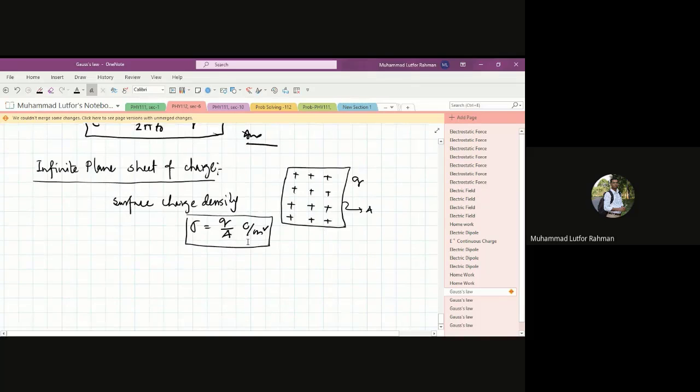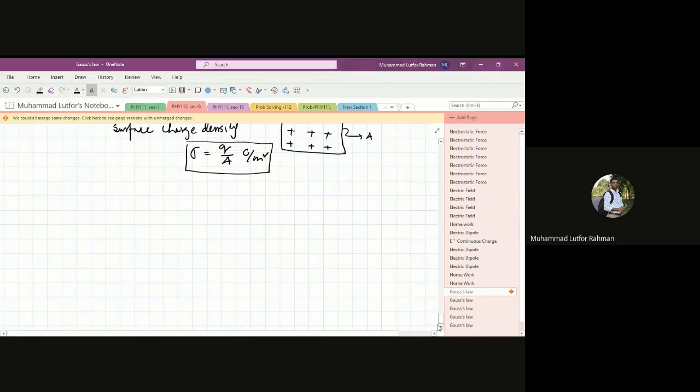Now to find the electric field for this plane sheet, I'm going to take, say, this sheet, one side, and we can say this is the charge at that side, right? So this will be charge.